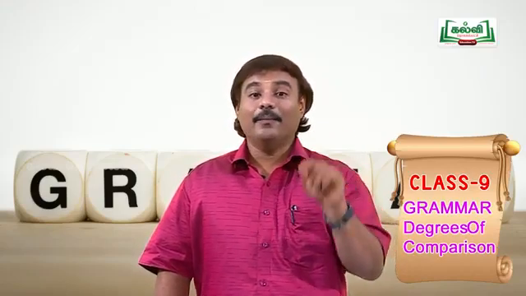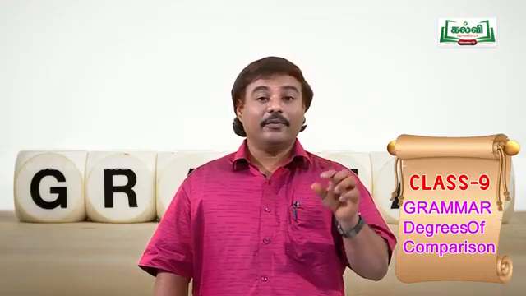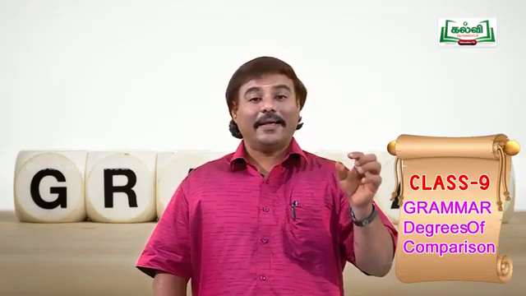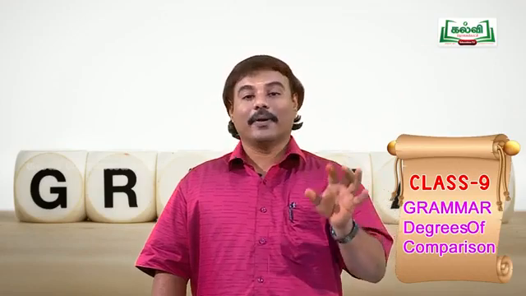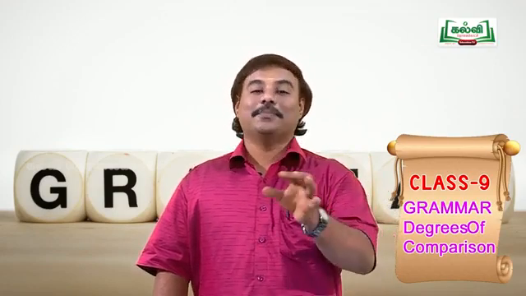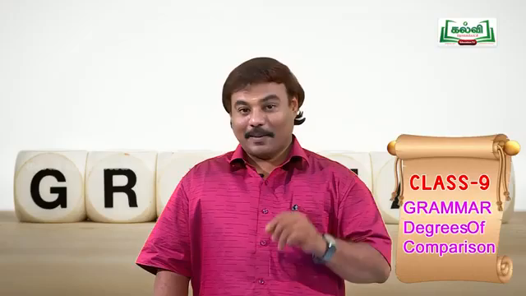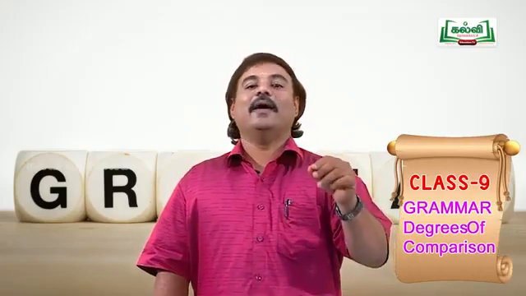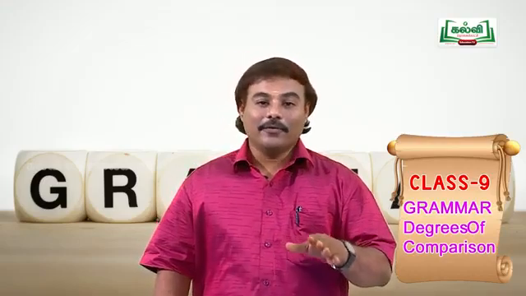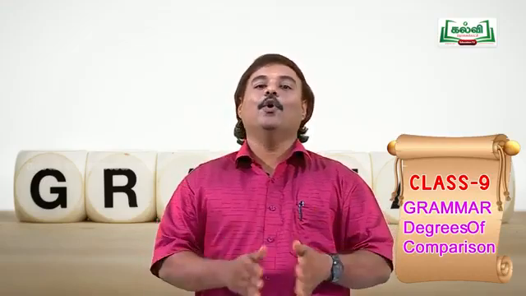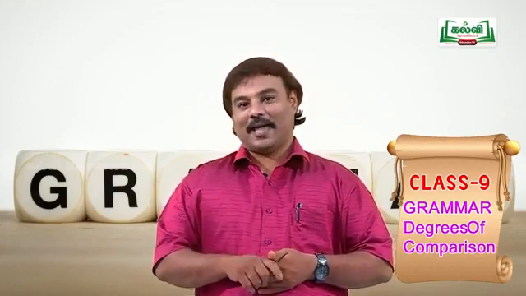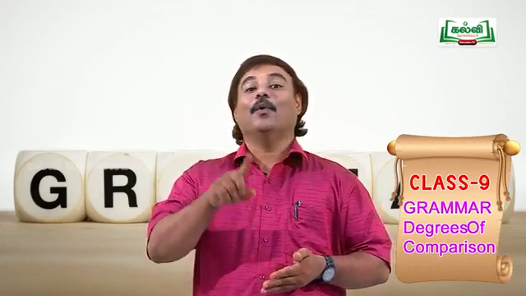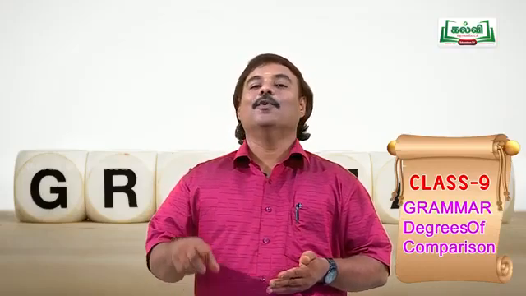Children, remember, don't write only more and most. You have to write the full word. Brilliant, more brilliant, most brilliant. Do you understand? Some of you get confused by writing only more. If I tell you handsome, some of you may think that you can write only more. You will not write only that, it is the wrong usage. Handsome, more handsome, most handsome.